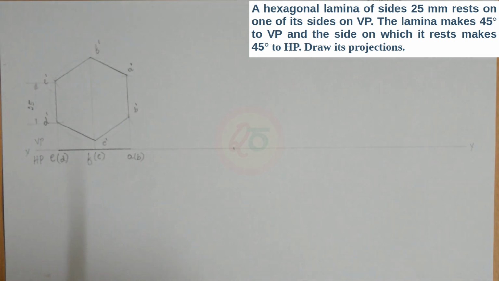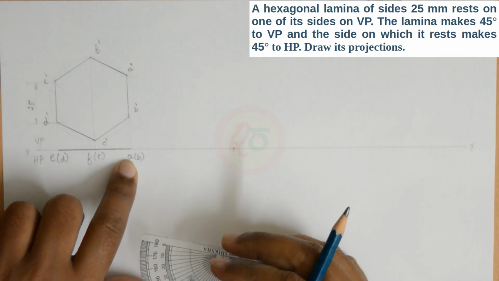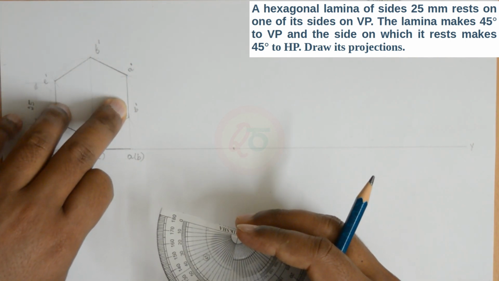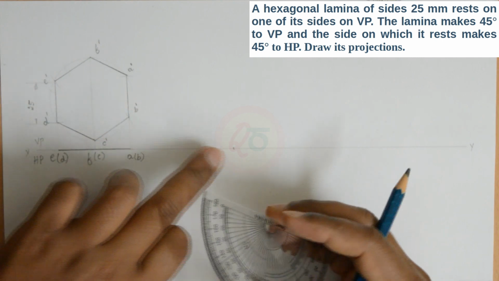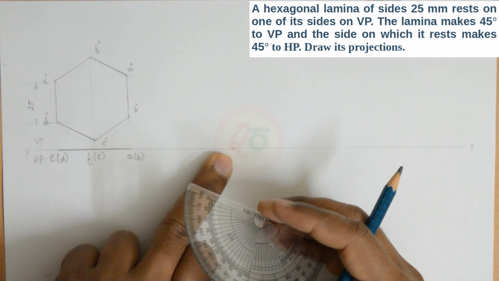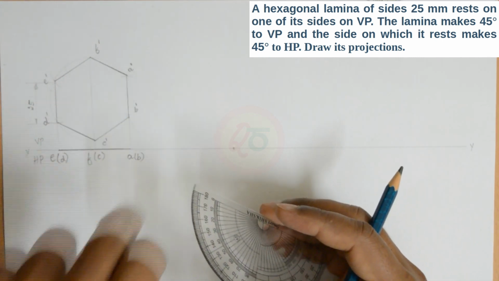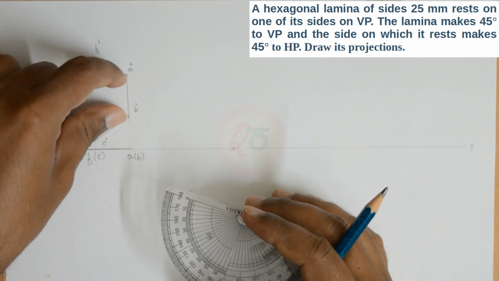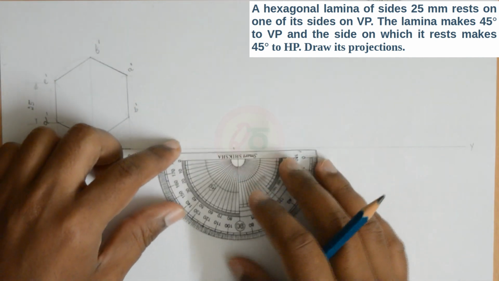Mark a point on the XY line denoting the point on which A in brackets B, which is the projection of the side A dash B dash, will rest on the XY line, meaning that it is also resting on VP. So the condition that one of the sides is resting on VP is satisfied.